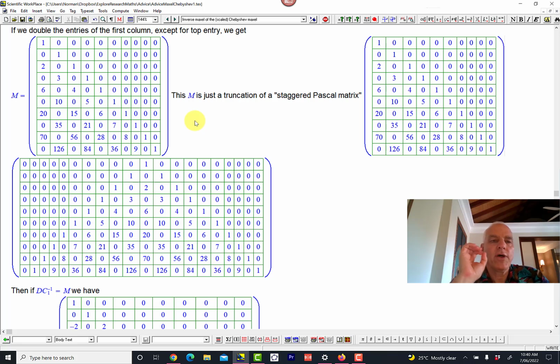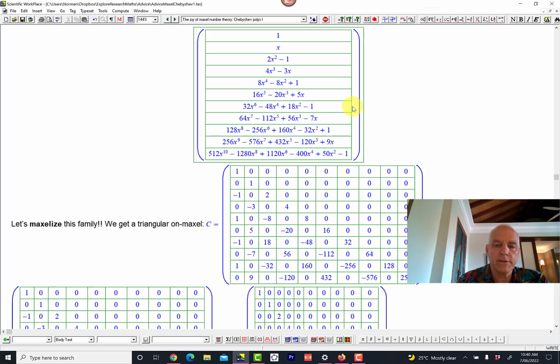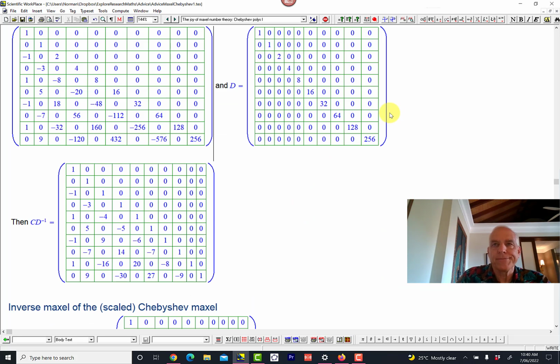So it's telling us that if we, let's go back a little bit, okay? So we started with the Chebyshev Maxel, where we were just making a matrix or a Maxel out of the Chebyshev polynomials. Now we have a two-dimensional thing. Then what we do is we sort of scale it to take out the obvious powers of 2 that are sort of complicating it, okay? So we take out those obvious powers of 2 and we get this matrix CD inverse, which is just a scaled version of what we started with.